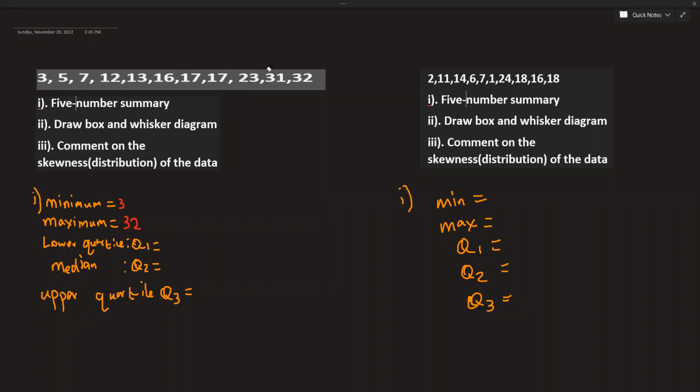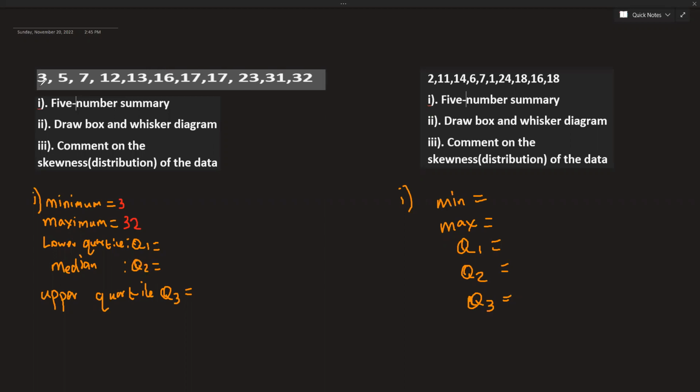For quartiles, I want you to listen to me properly. How many data points do we have? We have 1, 2, 3, 4, 5, 6, 7, 8, 9, 10, 11. You're always going to find the middle term first, which is your median, the normal way of finding the median, just like we did in grade 9.